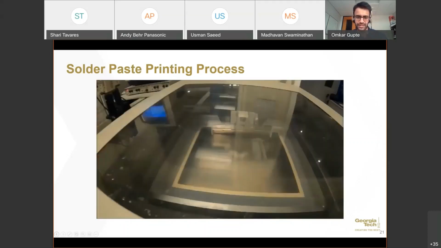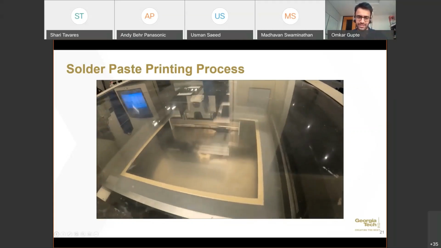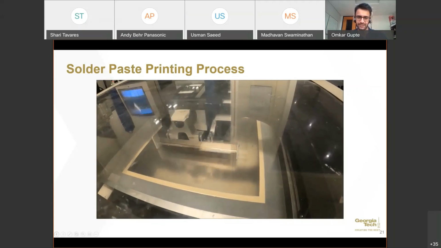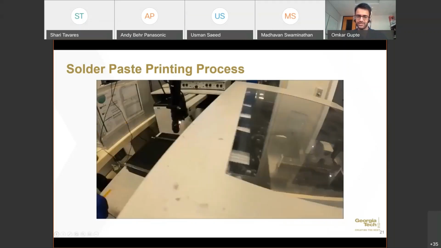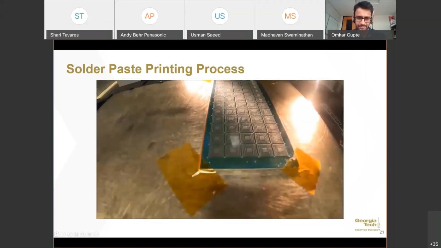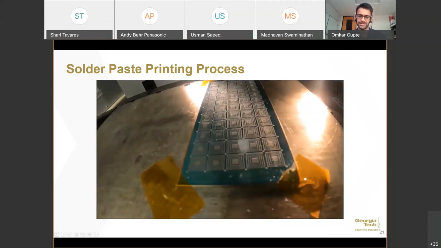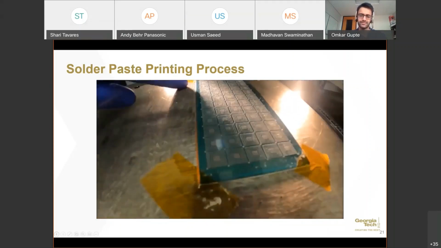During the printing the board is aligned, it's inserted, the stencil goes down, and the squeegee goes down, it prints across the paste. We make sure we get a clean wipe or a clean print, and at the end we see the paste is printed in the pattern that was designed.